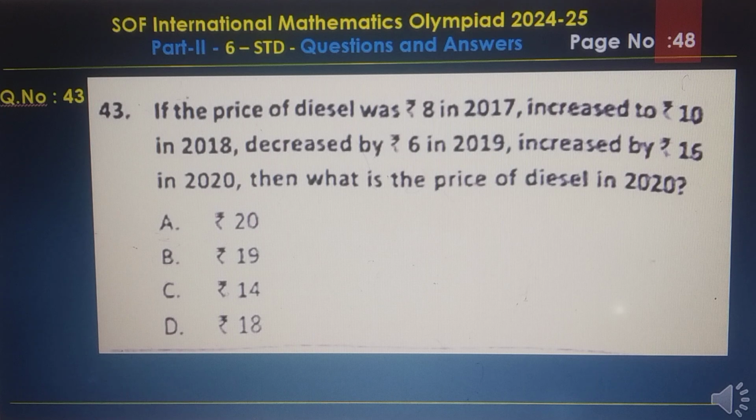In question number 43, if the price of diesel was rupees 8 in 2017, increased to rupees 10 in 2018, decreased by rupees 6 in 2019, and increased by rupees 16 in 2020, then what is the price of diesel in 2020? Options A, B, C, D are given.